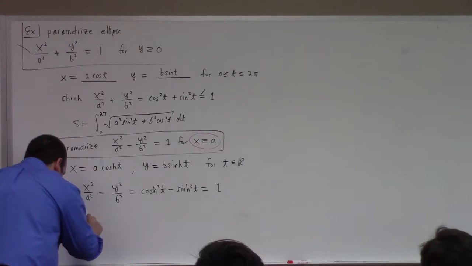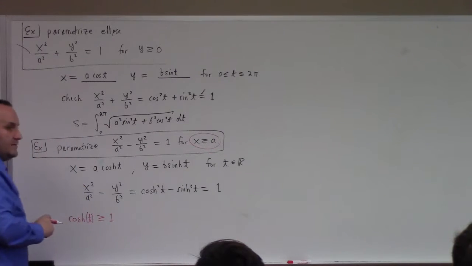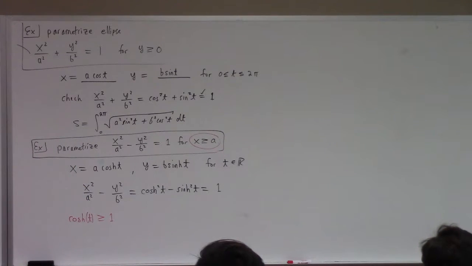Cosh of t is greater than or equal to 1, right? That's its structure. It's like a parabola that opens up with a y-intercept of 1, except it's exponential on both sides. Remember, back when we graphed it? One of the fundamental things we noticed about it is that it's at its smallest, 1. It's 1 at 0, and everywhere else it's larger.